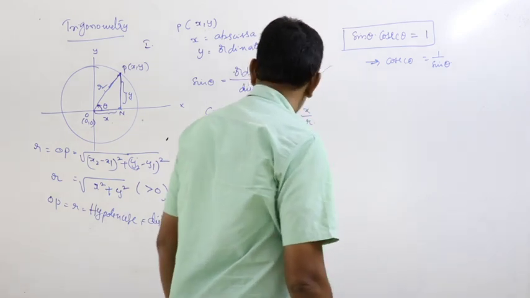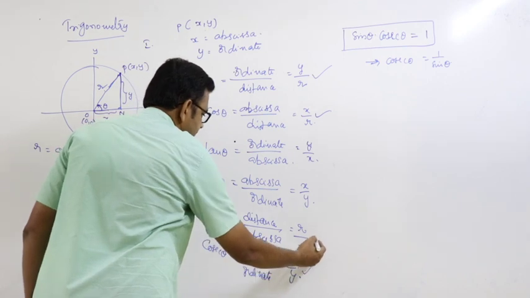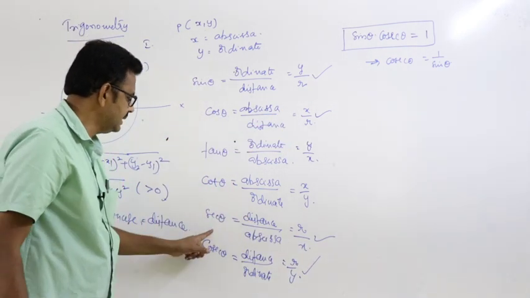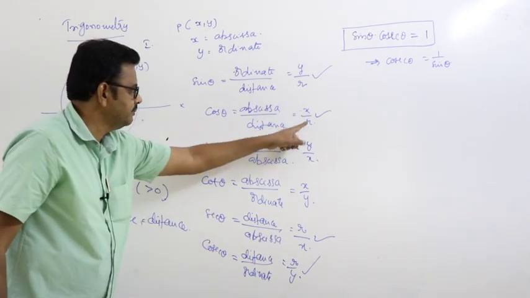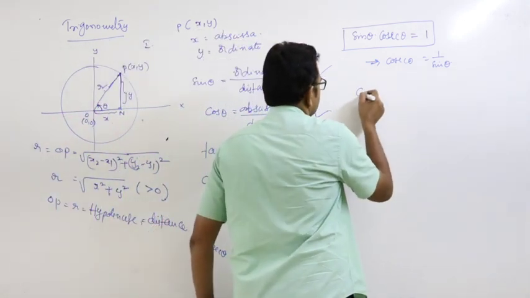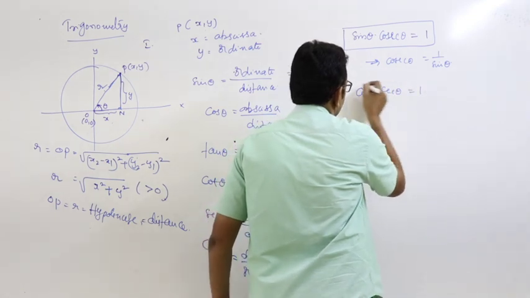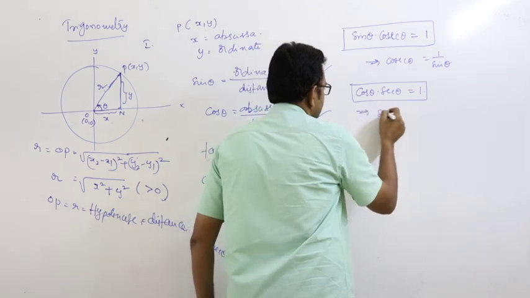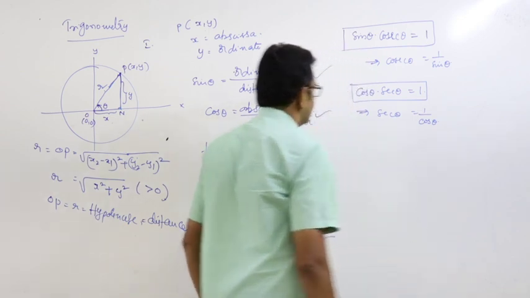And the next one, cos theta is x by r, secant theta is r by x. Multiplying these, x by r into r by x, that is 1. So cos theta into secant theta is equal to 1, which implies secant theta is equal to 1 by cos theta.